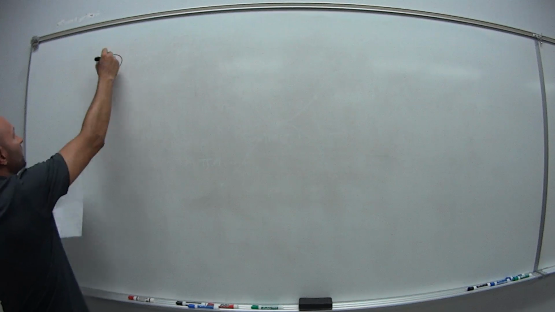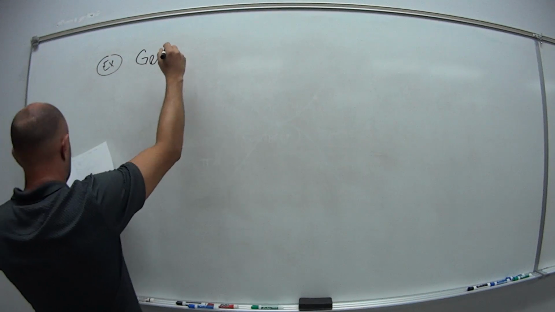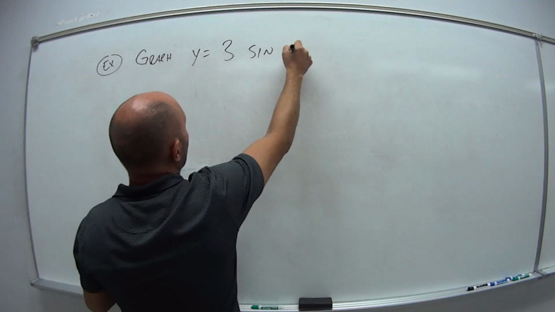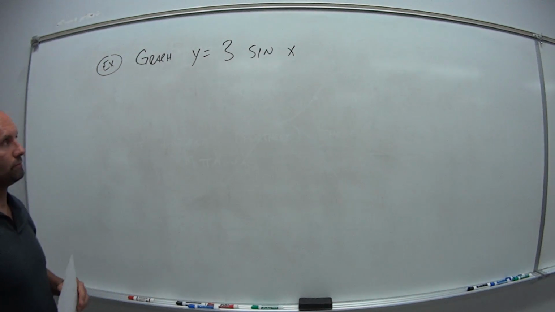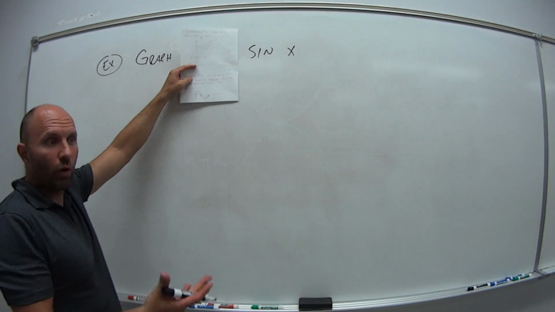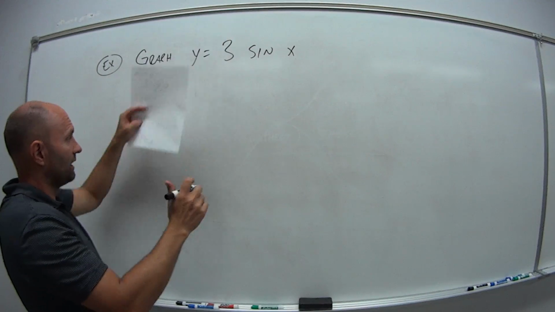Alright, so let's look at this example. If we want to graph y is equal to 3 sine of x. So as before, we want to deal with first, what's our basic function we're talking about? It's sine of x.